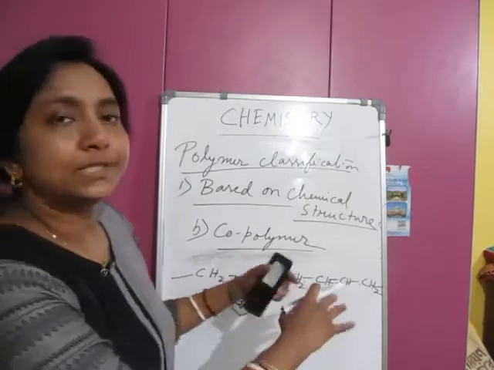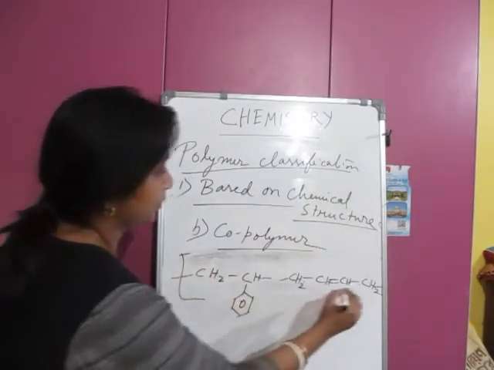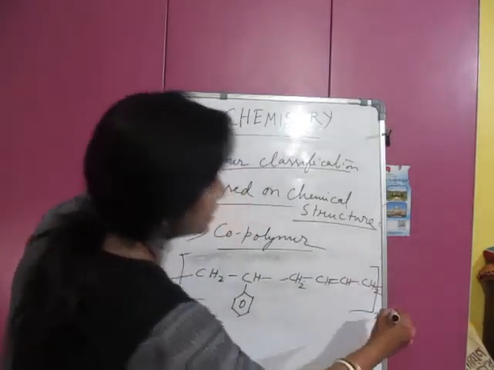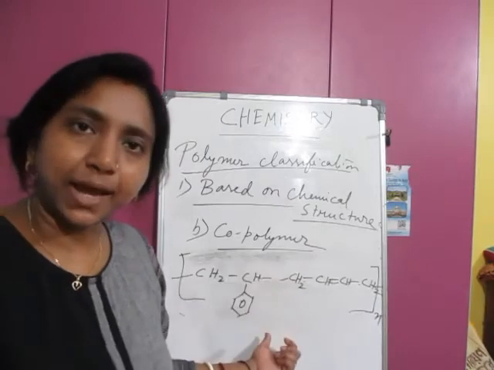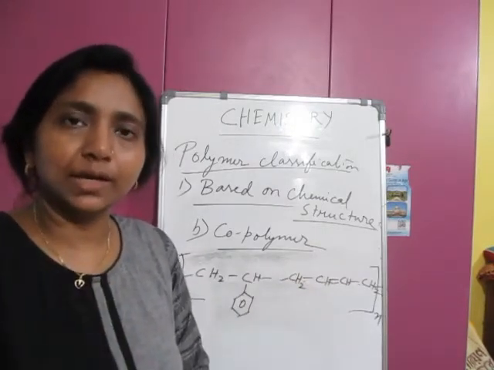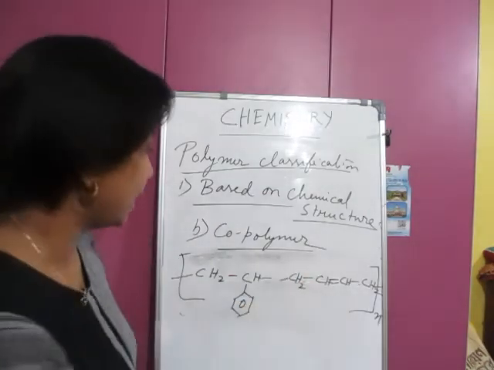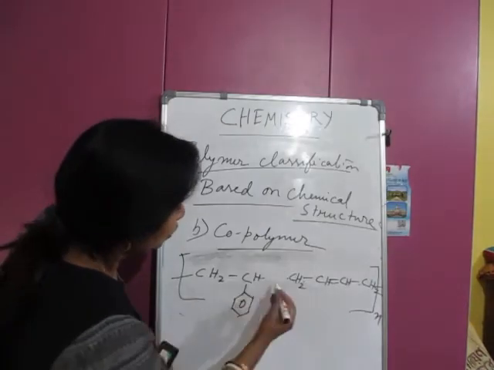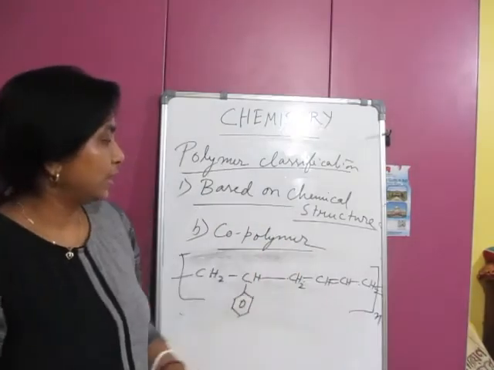These two structures will combine together and we get the polymer structure. Basically we have to take n number of styrene and n number of butadiene, not a single molecule, and this will combine together in this way. That is called SBR.